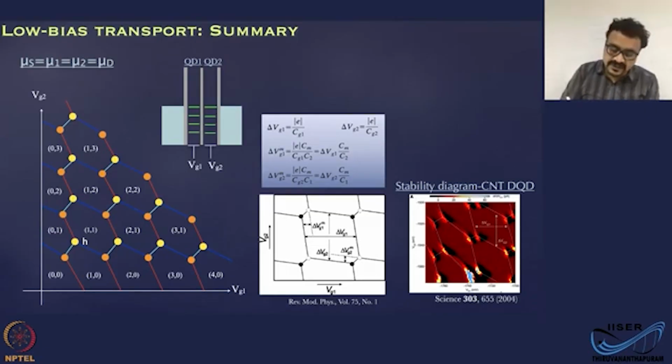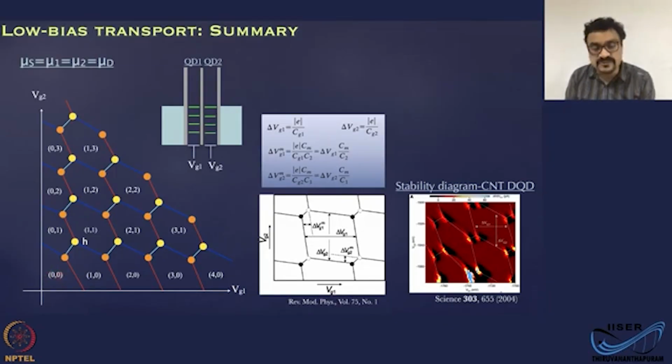And what we found is, in the VG1, VG2 space, you have hexagonally arranged points of non-zero current, and inside the hexagons the current is zero. We also found that the charge configuration inside the hexagon is constant, n and m, where this n m could be any number starting from 0.